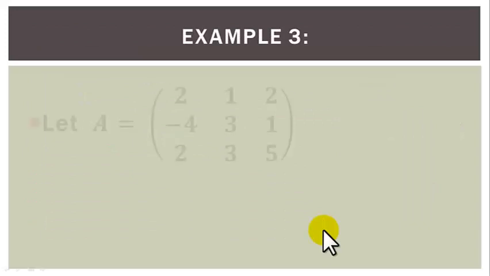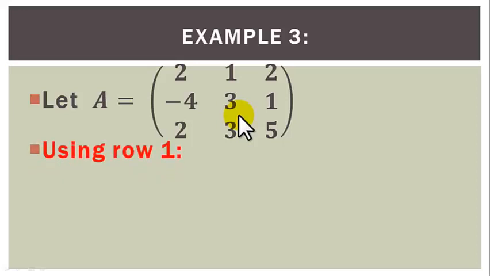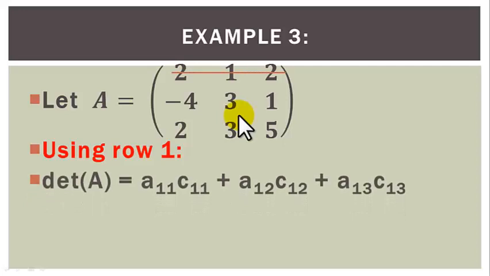Example 3. Let us evaluate the determinant of this 3 by 3 square matrix A. Let us use row 1 to evaluate this determinant. Using row 1, the determinant of A is A11 times C11 plus A12 times C12 plus A13 times C13.